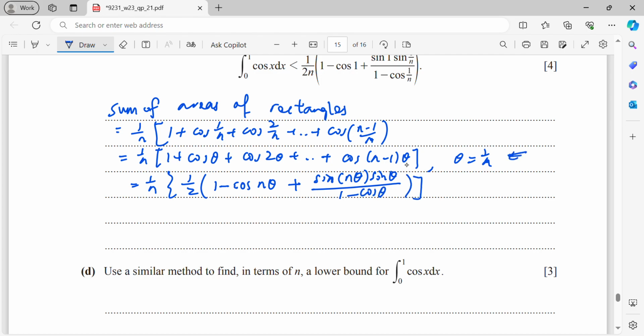And then now replace back. Your theta is 1 over n. So here I will get the half, take it out, 1 over 2n. So 1 minus cos n times 1 over n plus sine n theta means n times 1 over n. That means that is 1 basically. Okay, so n times 1 over n.